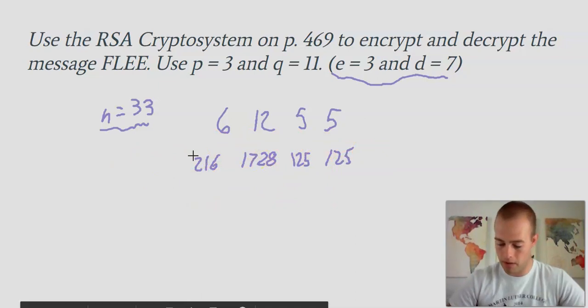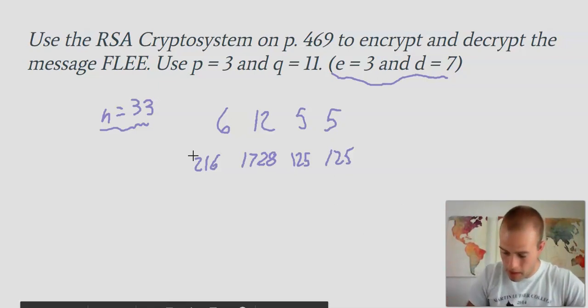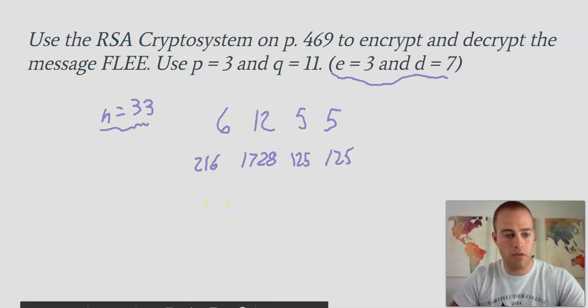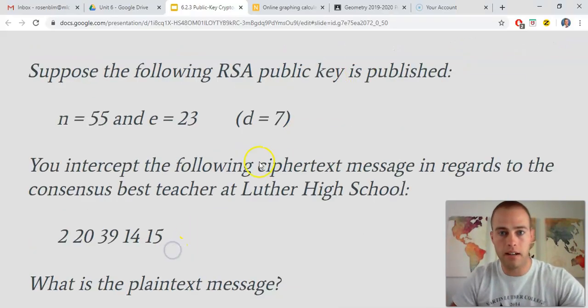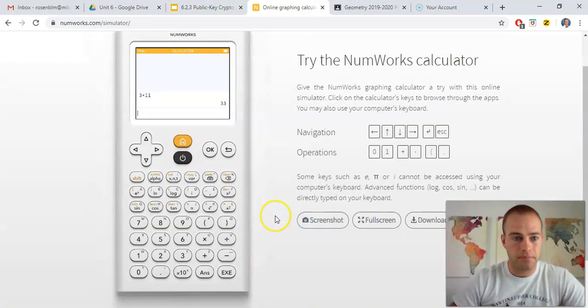Here I'm going to make sure I've got these numbers written down: 216, 1728, 125. All right, I'm going to show you an online calculator so that you completely understand what's going on here.